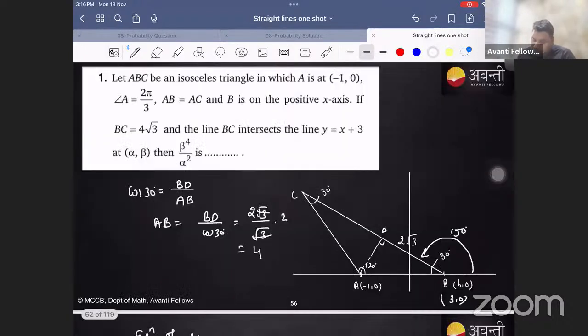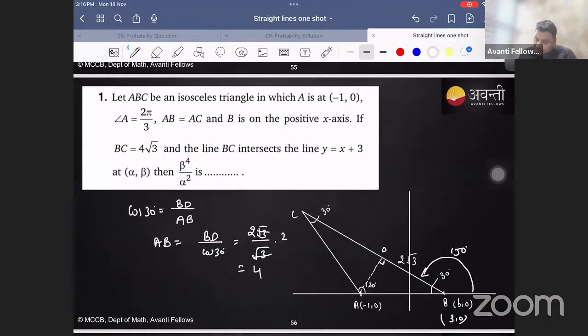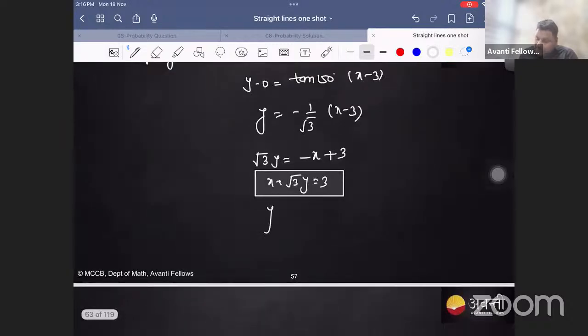Now you got the equation of BC and you have to find its point of intersection with the line y equals x plus 3. Y equals x plus 3. Now you solve these lines. Got it? So if you solve these lines, what do you get? The point of intersection as alpha and beta.